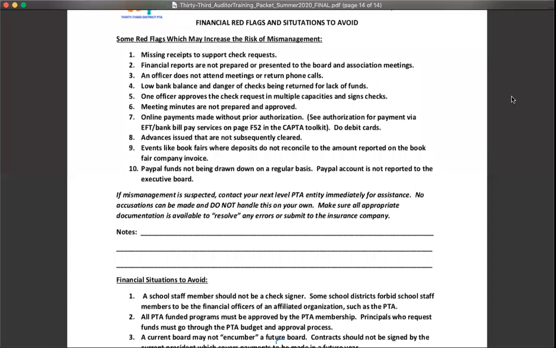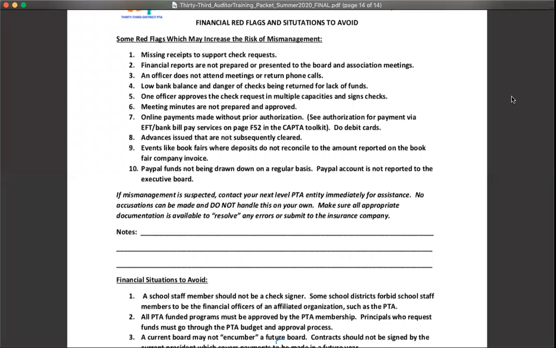Another thing I found is the book fairs. You want to make sure that deposits for things like book fairs or fundraisers look reasonable. For book fairs, I know that they have reports off the register that you can use of checks and cash that's been processed during the day.